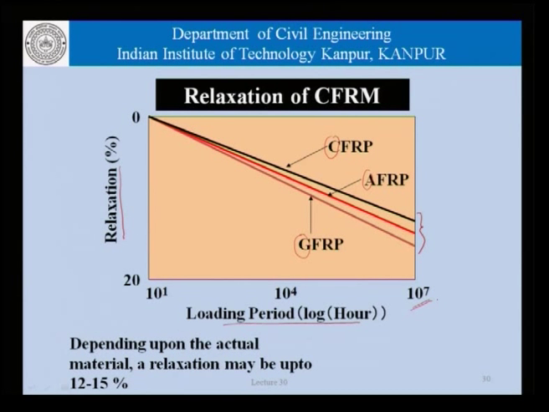Of course, 10 to the power of 7 is a very long time, considering that one day is just 24 hours. So, we know that carrying out this test for so many days is not easy, and therefore experimental data is very, very hard to come by as far as CFRM or any material is concerned.